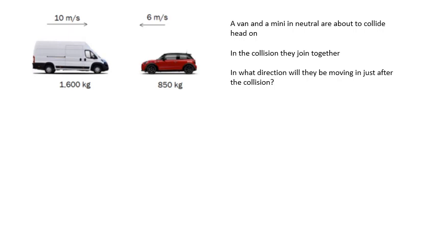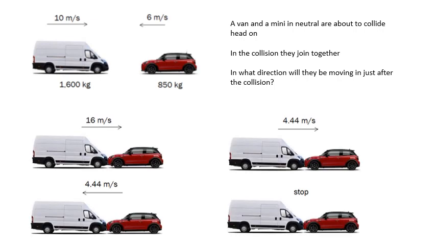Anyway, after the collision, what direction will they be moving in after the collision? Have a little think. What direction? Left to right, or right to left, or dead stop? In fact, I'll give you a multi-choice. Which of them, immediately after the collision, will be correct?